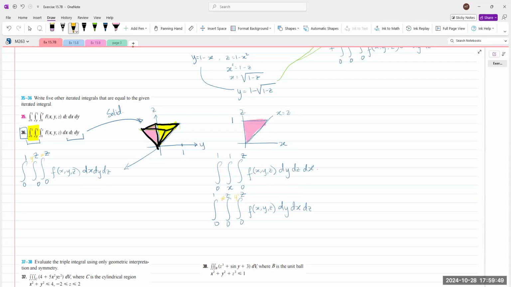The hard part is when you project that on the ground. If you project that on the ground, it looks like a square actually. It looks like a square, but it has two different parts. Let's say this is x, this is y. This is the first region here, and this is the second region.